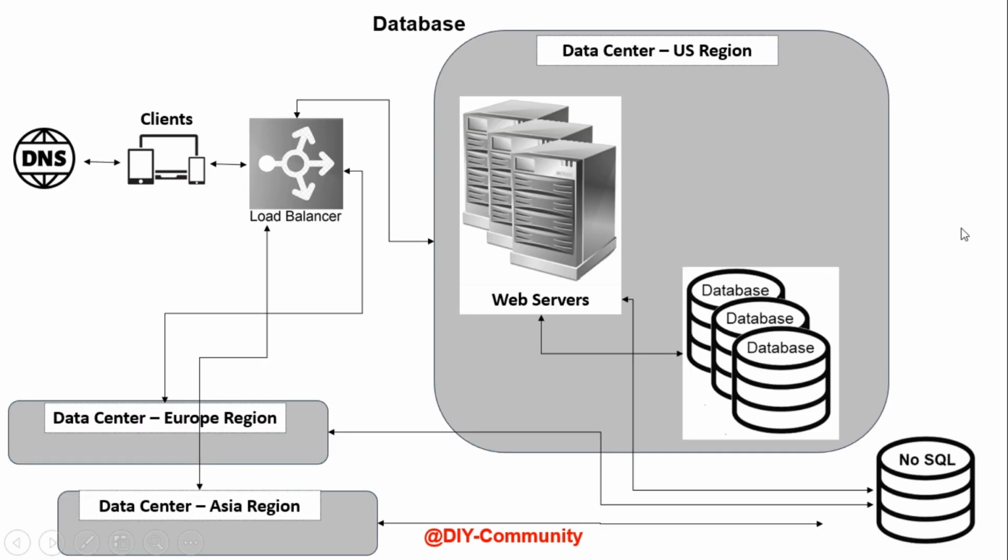You can also use data centers to scale your applications horizontally. For example, in this particular case, we have distributed our databases in various regions: US, Europe, and Asia. But in your case, you can have multiple regions in the US itself, like New York, San Francisco, Philadelphia, and so on.